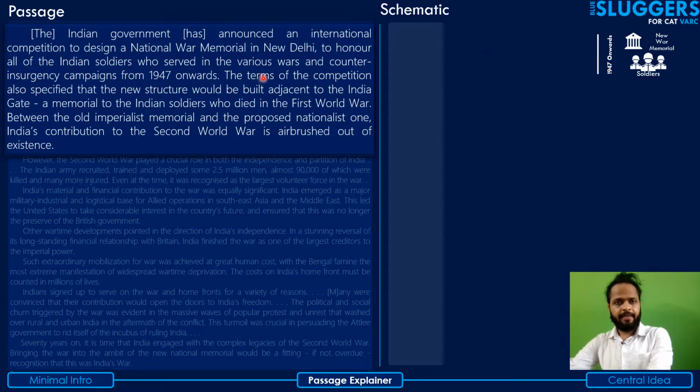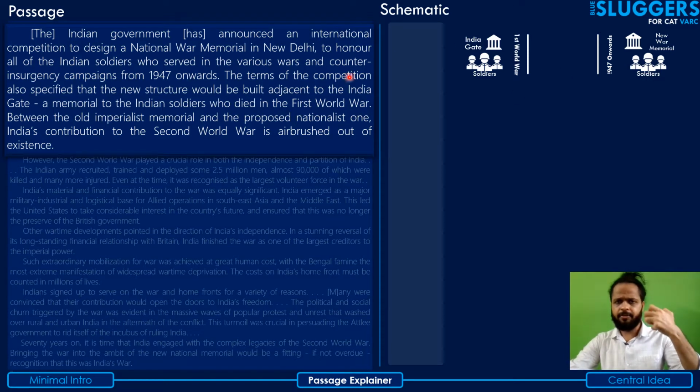Next, he says the terms of the competition also specified that the new structure would be built adjacent to the India Gate, a memorial to the Indian soldiers who died in the First World War. So he notes that the terms of the competition also specify that this new memorial will be built adjacent to the India Gate, which is basically a memorial to those Indian soldiers who died in the First World War.